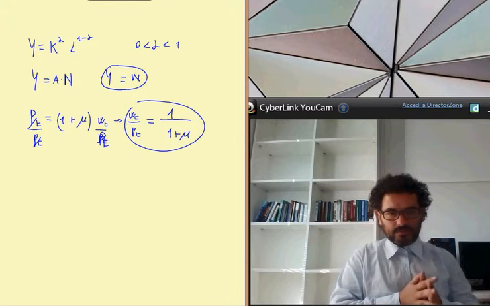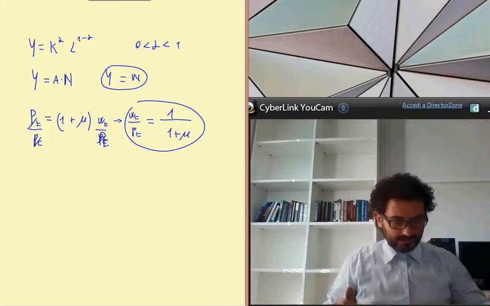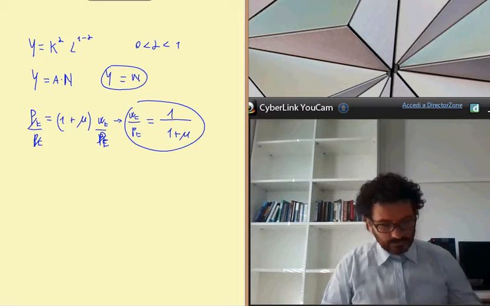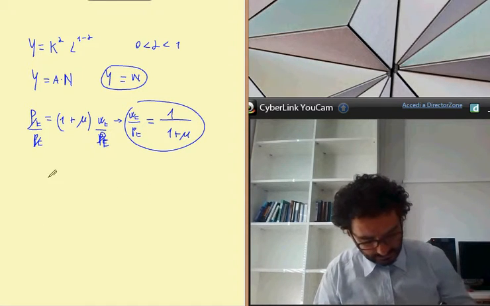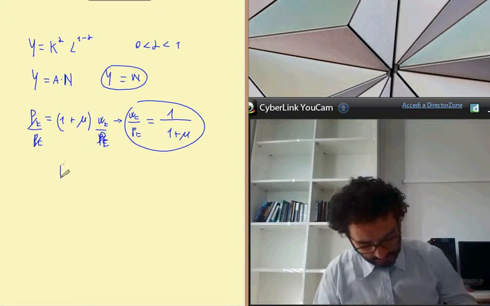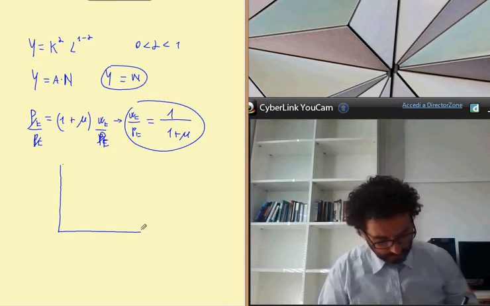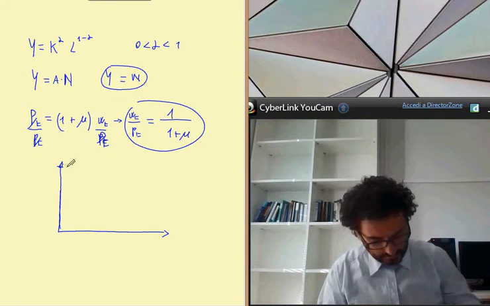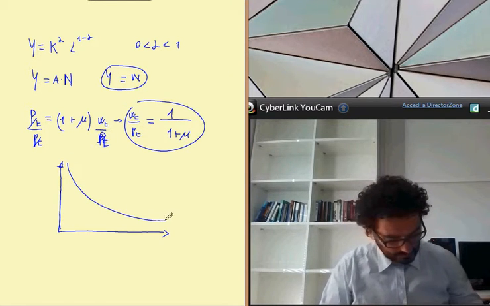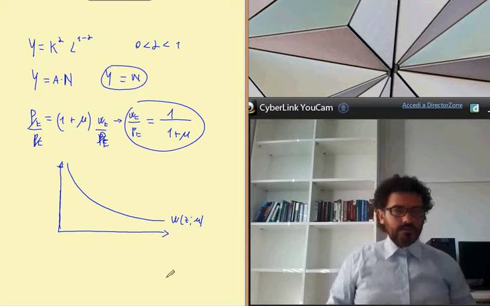So this implies that in our job market we have the real wage that unions are able to bargain for each level of unemployment.